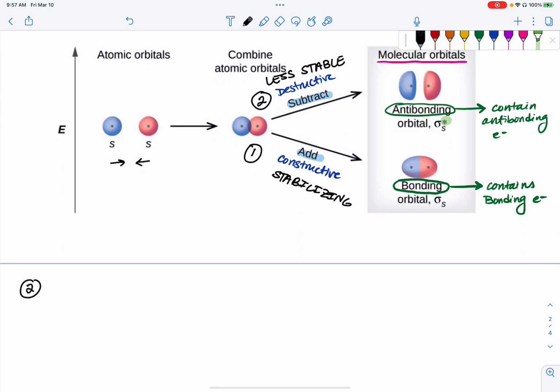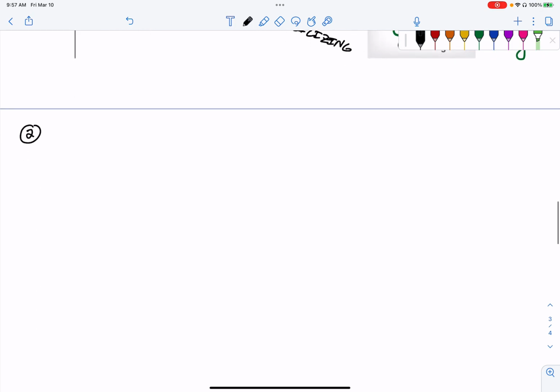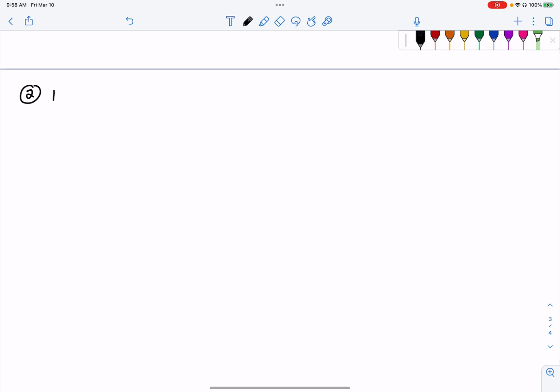However, those s orbitals are not the only orbitals that can undergo a head-on combination to form sigma molecular orbitals. So let's look at the formation of what we call our sigma p molecular orbitals.